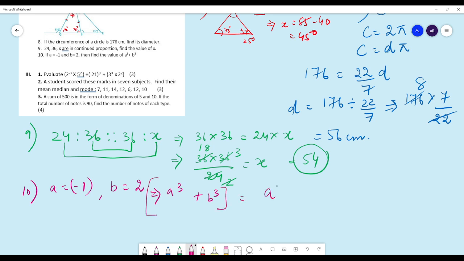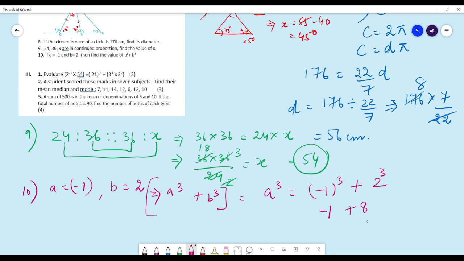Now a cube means minus 1 whole cube, plus b cube means 2 cube. Now minus 1 whole cube, see there is a minus sign inside and the power is odd. So the sign will remain minus. And of course 1 does not matter how many powers it has, the value always remains 1. So this becomes minus 1 plus 8, 2 to the power 3 is 8. Minus 1 plus 8.